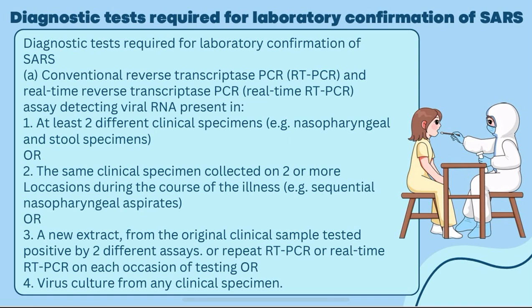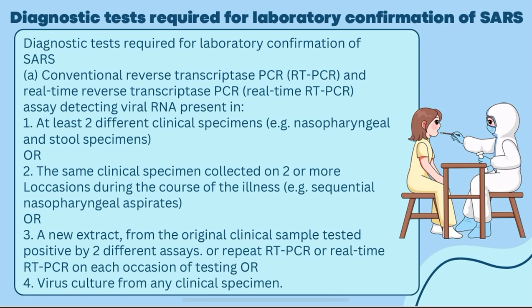You collect the specimen on two or more occasions, and the virus is found in the sequential nasopharyngeal aspirates, or a new extract from the original clinical sample tests positive by two different assays, or we repeat the RT-PCR test on each occasion of testing, or virus culture from any clinical specimen. So these are the diagnostic tests.